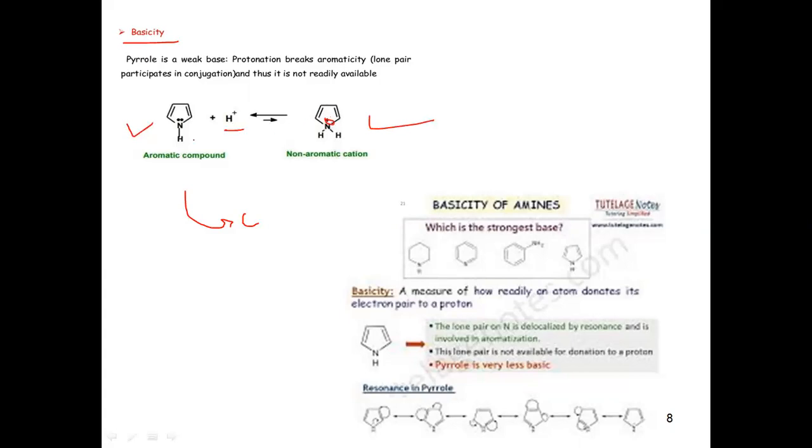That means pyrrole in neutral condition is aromatic in nature because of 6 pi electrons in the delocalization, but here only 4 pi electrons are in delocalization. That's why it is non-aromatic in nature, and it is somewhat unstable as compared to this species. From that we can say it does not abstract the proton by the nitrogen.